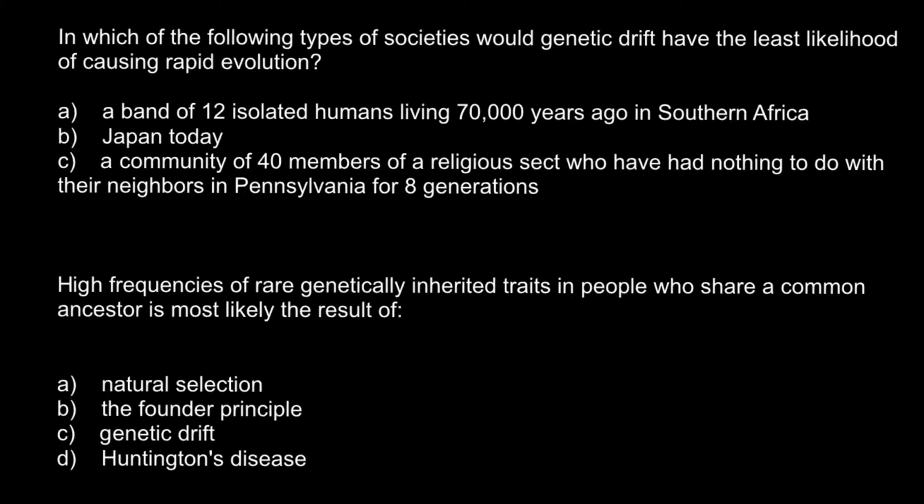So let's pretend that these small circles represent different alleles, and imagine that in such a small group of just 12 isolated humans we have this gene pool. What would happen if another 12 people came into this society, and those people had different alleles?